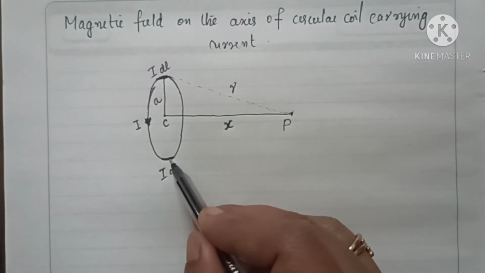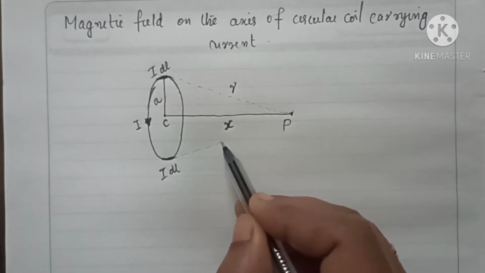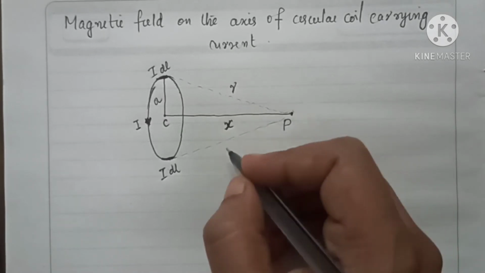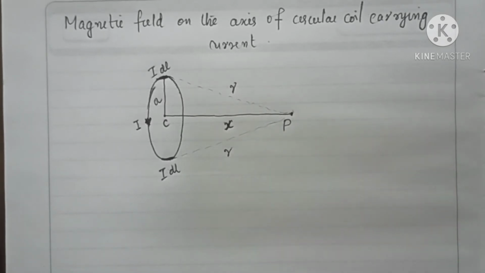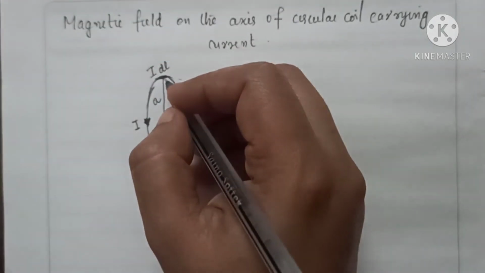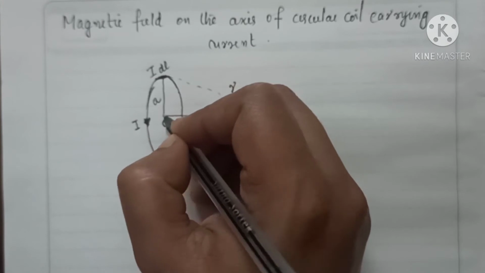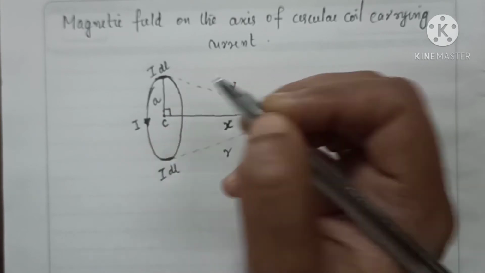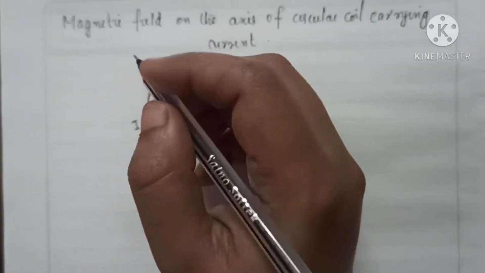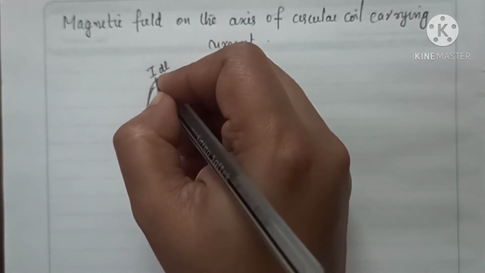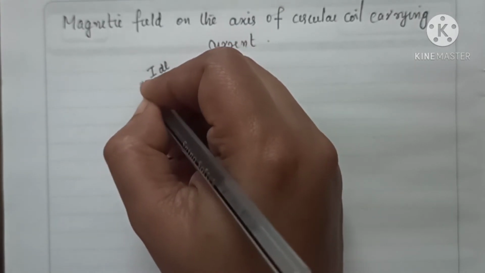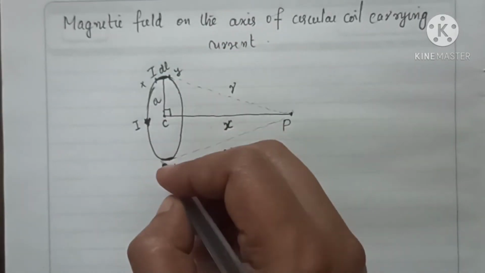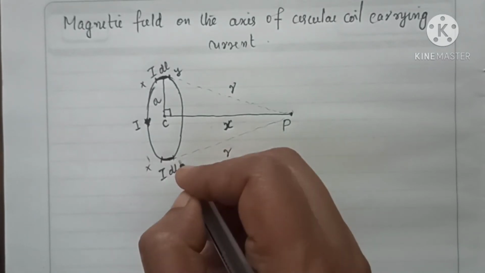Similarly here also we have a current element, so the distance is R. Clear? So always this is at 90 degrees. We will consider two names here, that is XY and X dash Y dash.